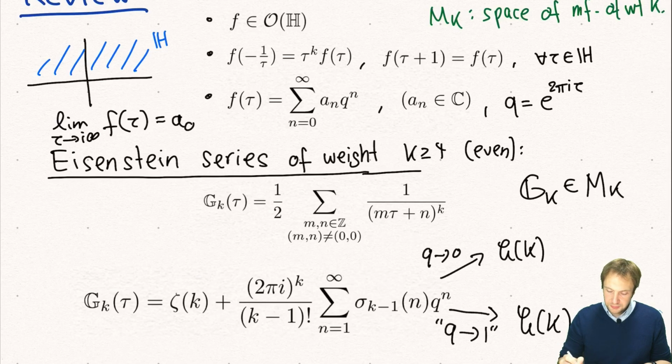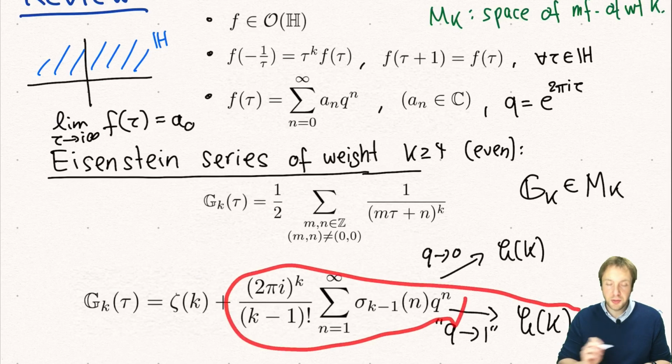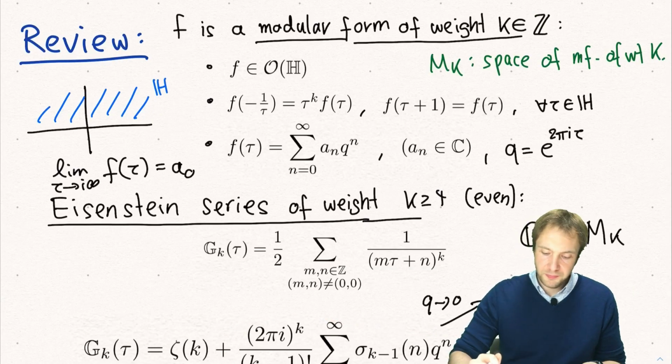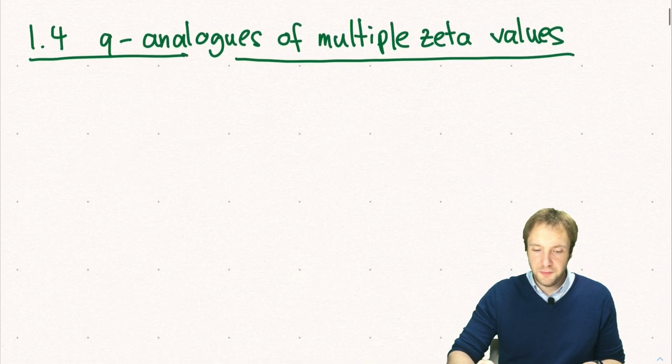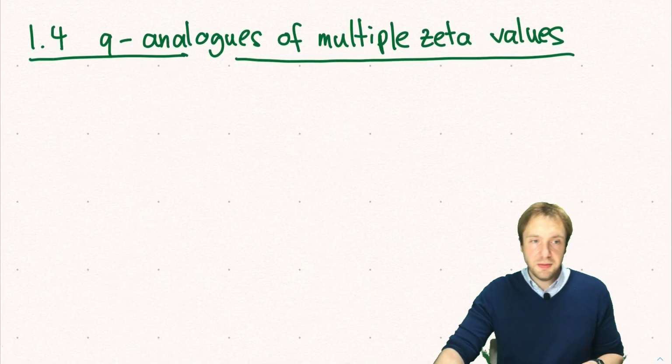And therefore this can be seen as a q-analog of this Riemann zeta value. So this is the first thing we want to talk about today.